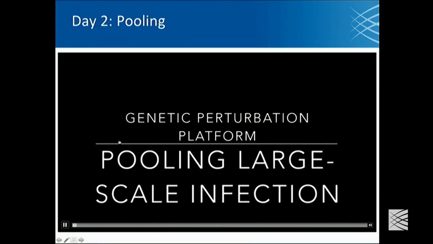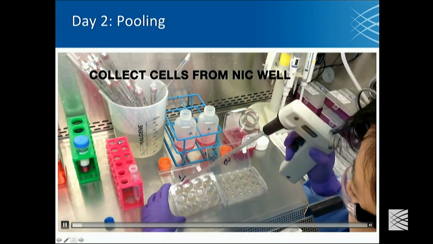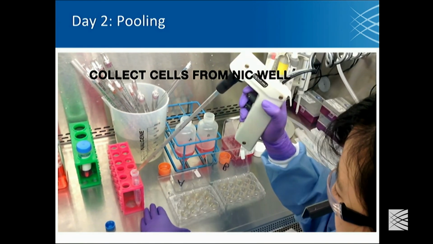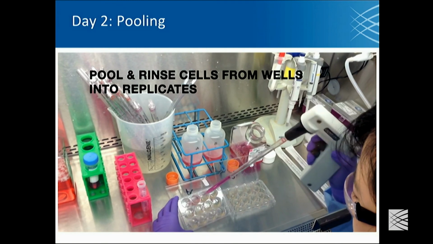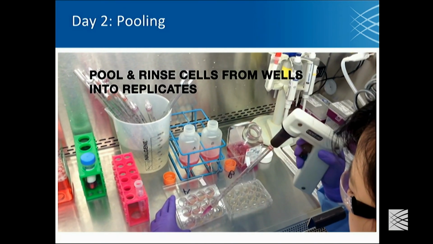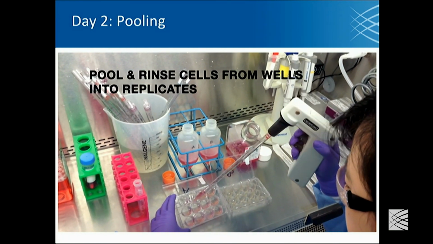Pooling large-scale infection. Collect the cells from the NIC into a conical. Collect the cells from the wells and pool into replicates in separate conicals. You can see we have our separate conicals here, rep A and rep B already.